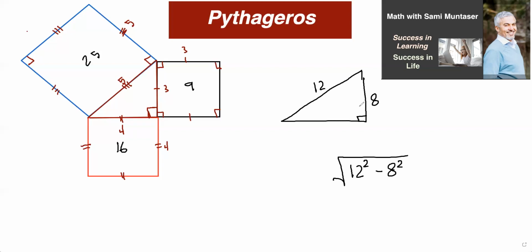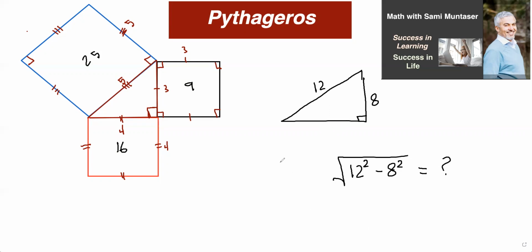So if it is the hypotenuse that you're finding instead, then you go this squared plus this squared, and you square root that, and that will give you the hypotenuse. But now, since you're given the hypotenuse and you're given another side, then you go 12 squared minus 8 squared and square root that. It'll give you the answer right here.